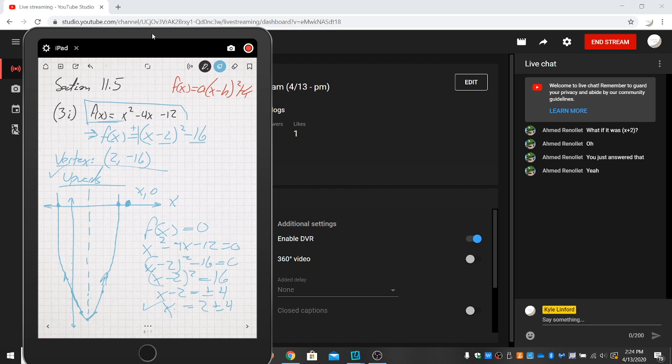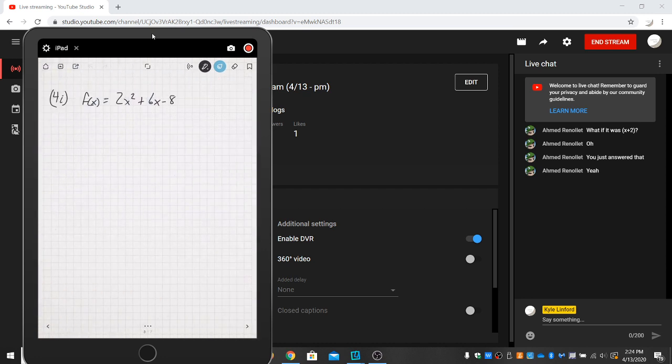Let's try some more problems, and we'll try to keep this work a little more neat. Now, take a look at this one. This is problem 4 from the independent practice for today. We have f of x equaling 2x squared plus 6x minus 8.